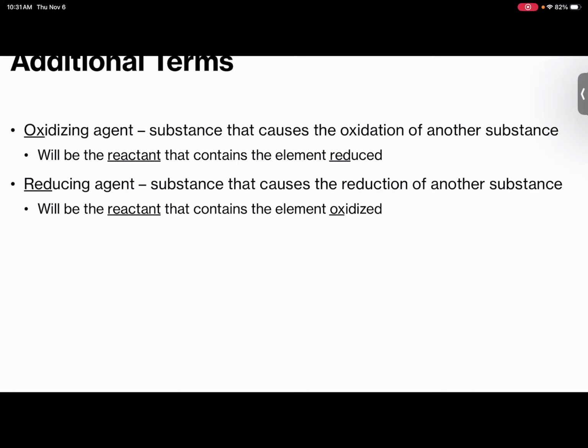They go together. Element reduced, oxidizing reactant. That's because an oxidizing reactant causes somebody else to get oxidized. And if it causes somebody else to get oxidized, then it itself has to undergo reduction.